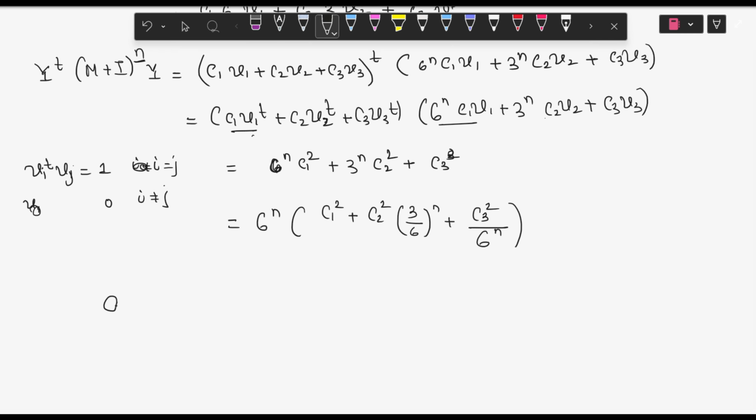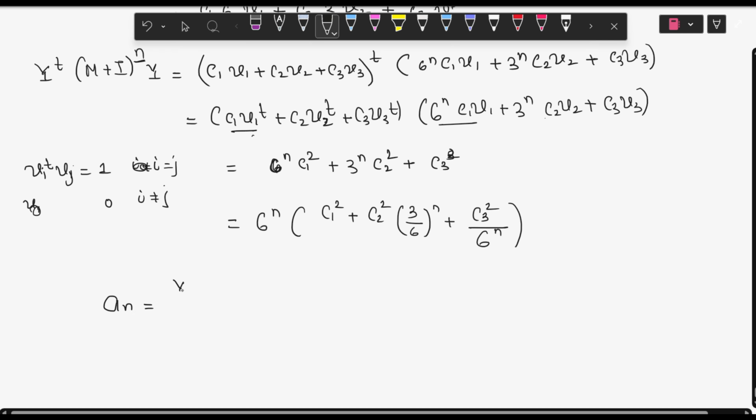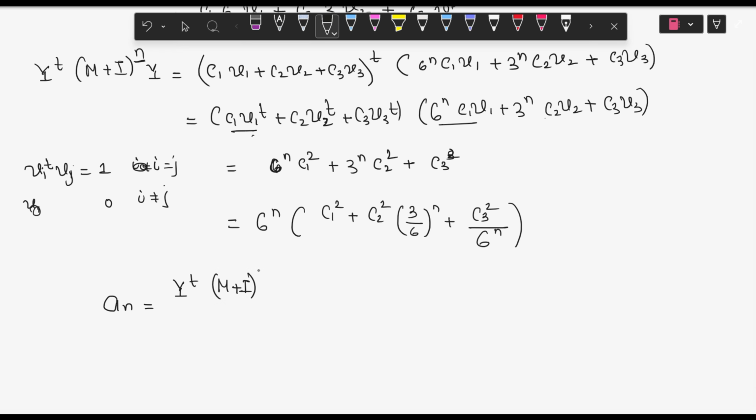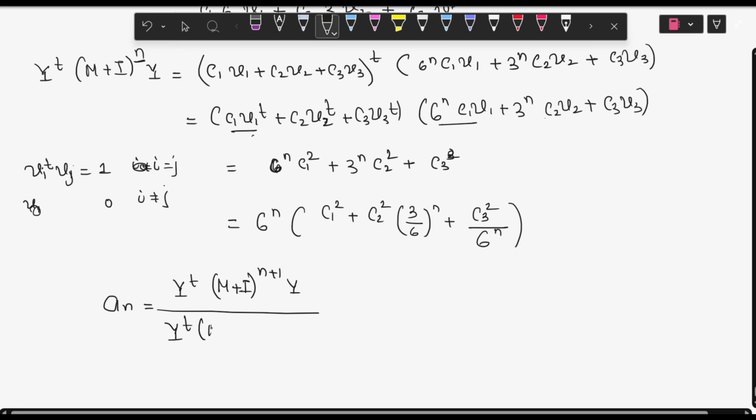Now a_n is given by y transpose (M plus I)^(n+1) y over y transpose (M plus I)^n y.